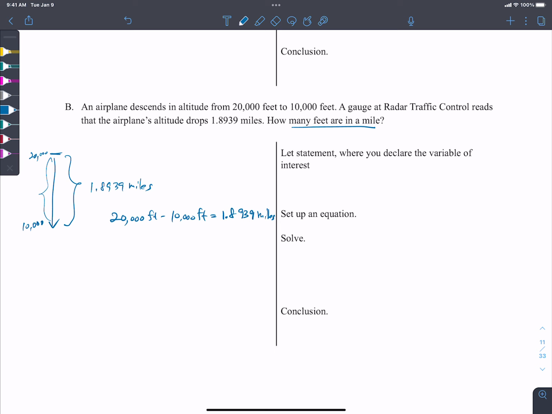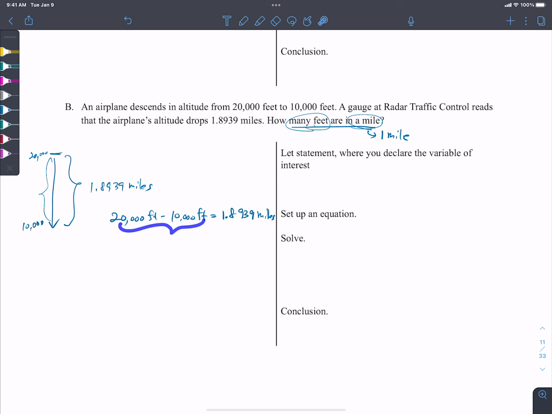It's asking how many feet are in a mile. When you say a mile, it is 1 mile. So I need to make sure that this number is equal to 1 mile, right? So this is one way to set it up. And next page, I'll show you a slightly different way to set it up.